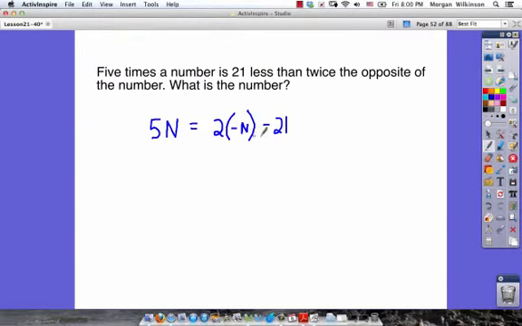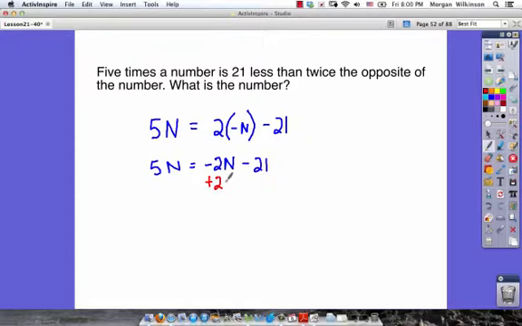Now we can go ahead and solve that. We've got our equation written out. Let's rewrite. We're going to have 5n is equal to negative 2 times n, because order of multiplication doesn't matter. The negative sign can be on either of the numbers, minus 21. So now we have to bring the n's over to the left-hand side.